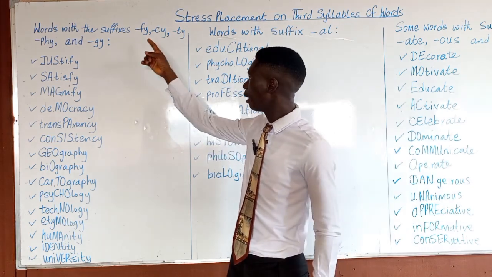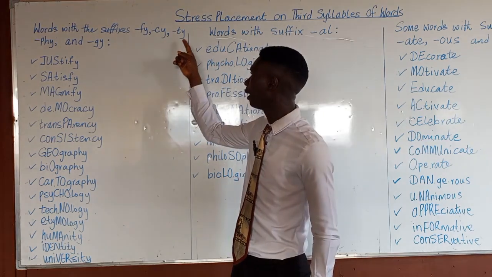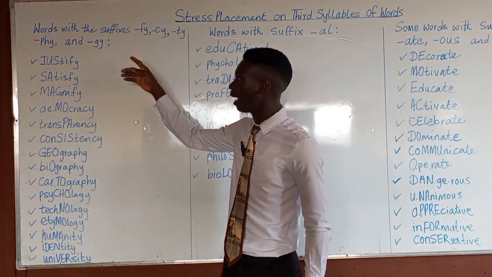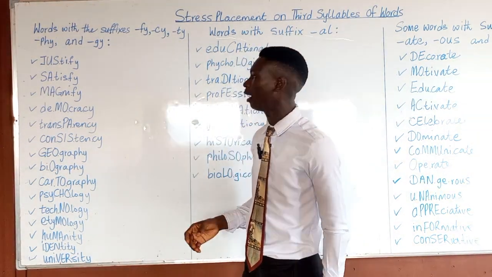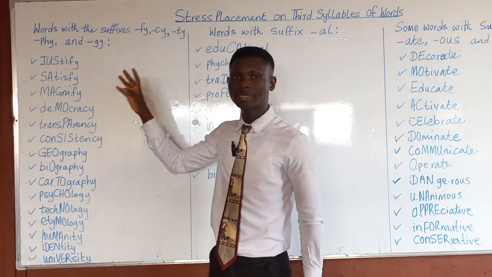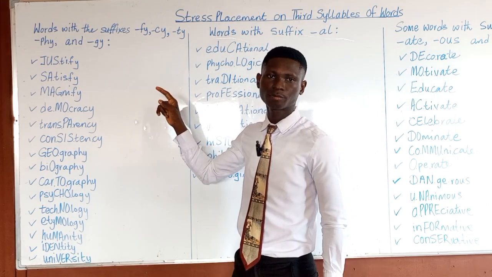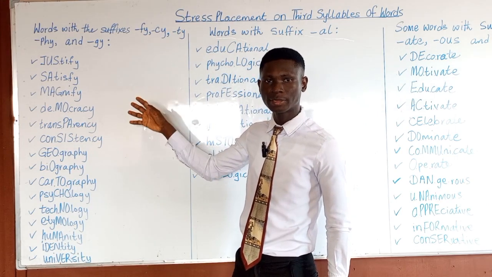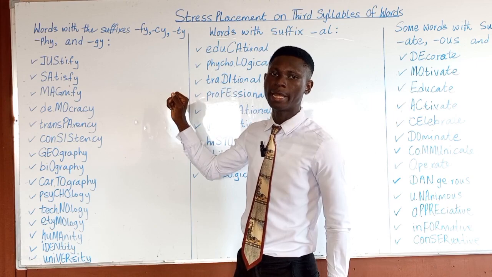Rather, I'm saying any way you have FY, CY, TY, PHY, and GY, you're likely to have the stress on the third syllable from the end. In other words, the third syllable to the end.